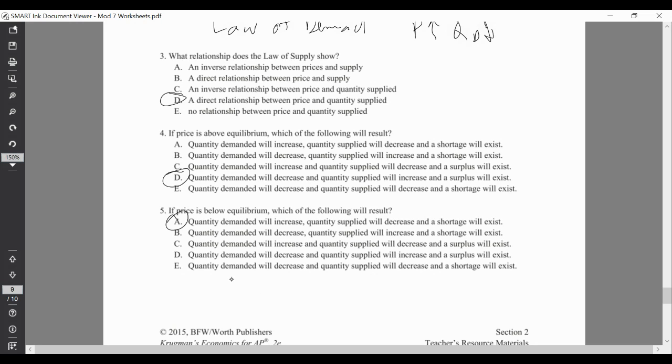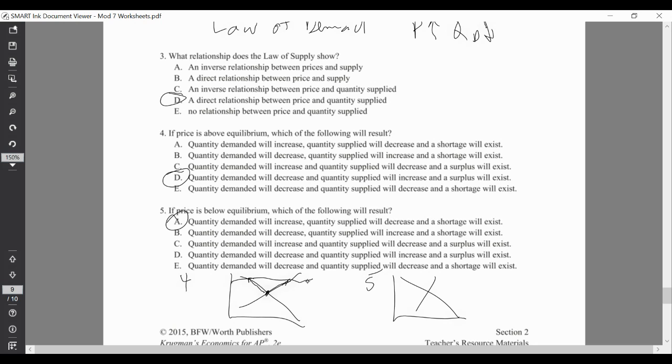So we're saying in both 4 and 5, if we're here and here, so this is 4, this is 5, they're saying if the price is above equilibrium, quantity demanded will decrease, right? So if we were here, what happened? The quantity demanded decreased, quantity supplied increased, and this surplus will exist because the price is too high.